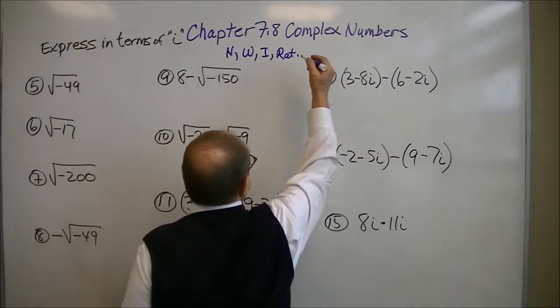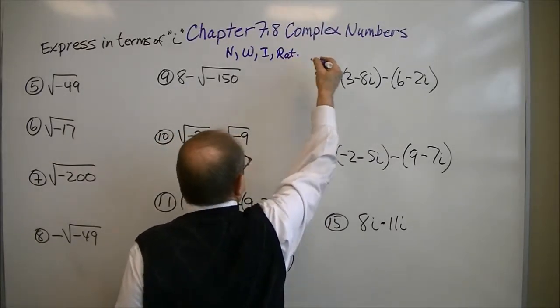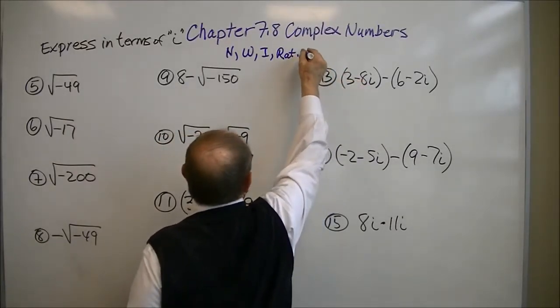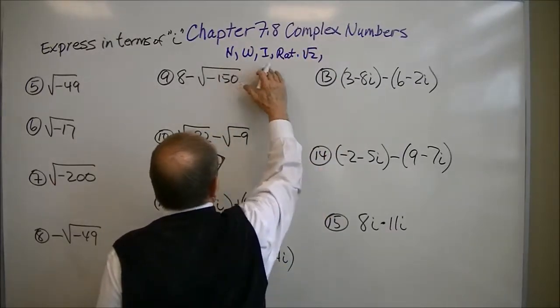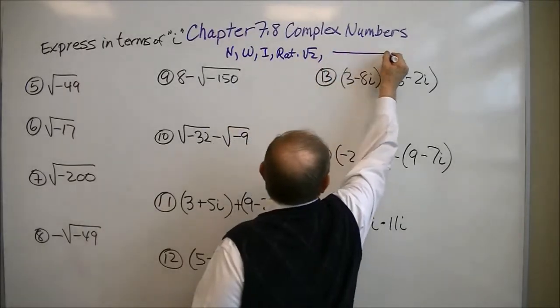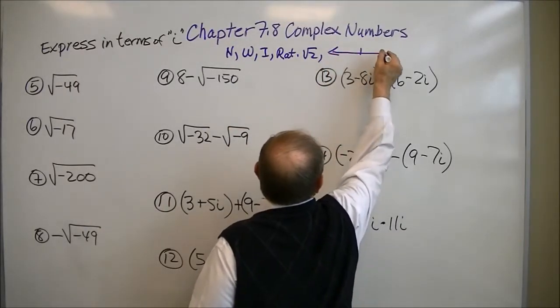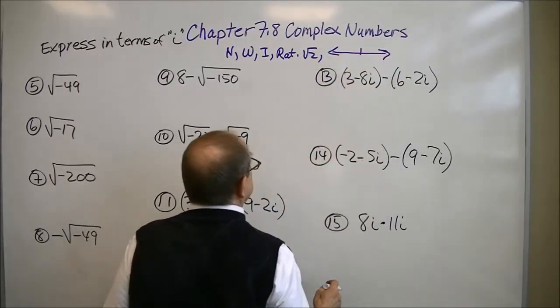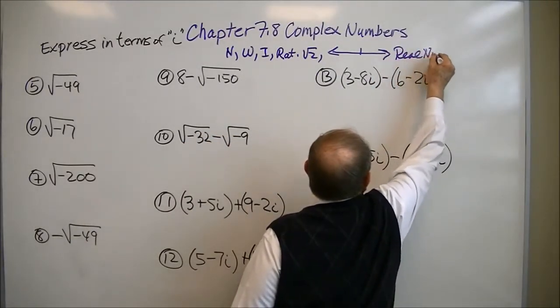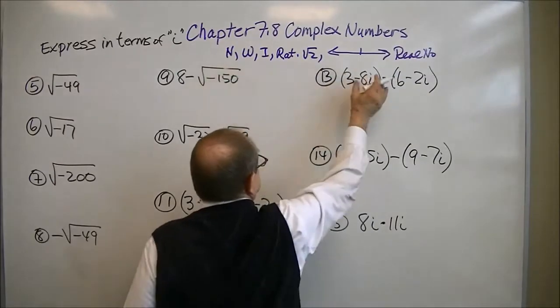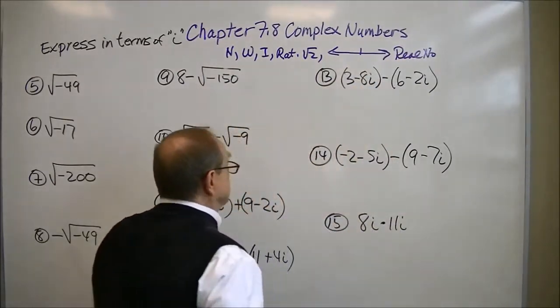And then there's irrational numbers too that we have in there, like the square root of 2 and others. And then all of these are on the number line, our traditional number line, and these are real numbers. So all of these are real numbers on the number line.